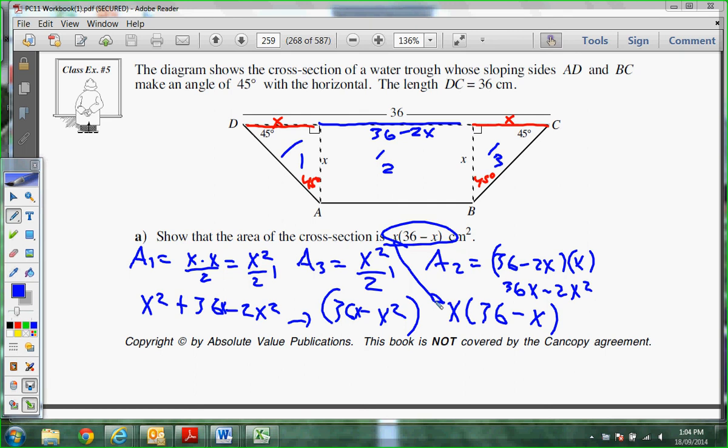He was already there. I just forgot to write him over here. So this guy turned into 36x because this x distributed. So 36x, 2x squared. Okay. Then when I rewrote that here, I forgot to put the x. So it didn't disappear, I just forgot to write it. Okay. And then it was still needing to be right here. Is that the x we're talking about?